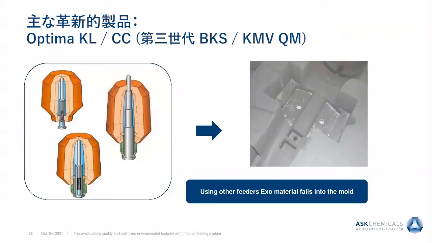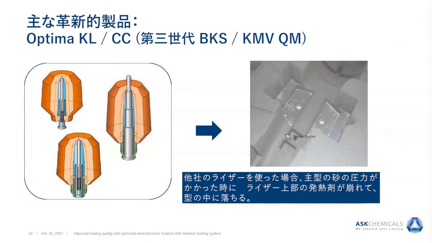What does this mean? Most of the risers have the roof made in exothermic material, and during the compression and the compaction of the molds, the molding sand, this roof can be destroyed. And these particles then fall into the mold and onto the pattern, as you can see in the pictures on the right side.